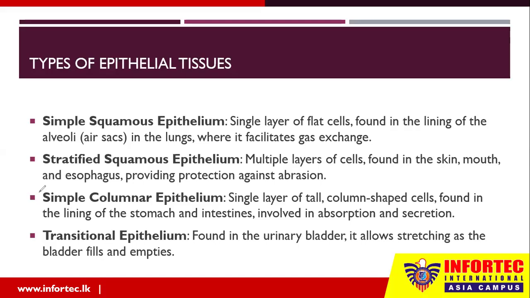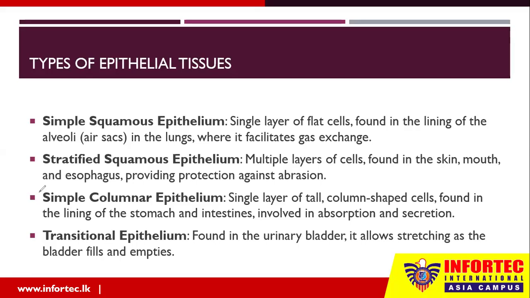When we consider simple columnar epithelium, there is a single layer of tall column-shaped cells. For example, we can find this kind of simple columnar epithelium in the inner lining of the stomach and intestines, right? The functions of this simple columnar epithelium in the stomach and intestines are absorption and secretion. Okay, so these are the simple epithelium: simple squamous, simple cuboidal, and simple columnar epitheliums, right?